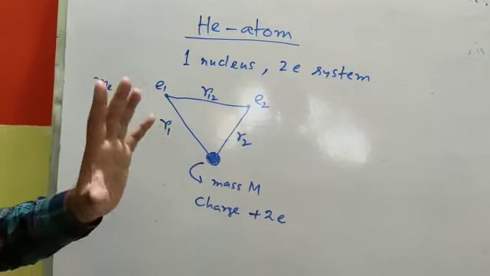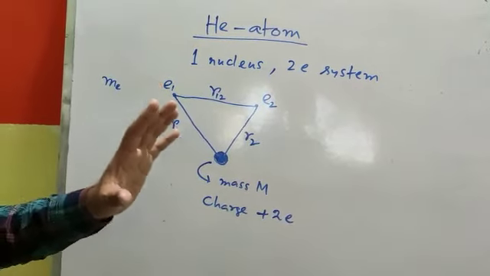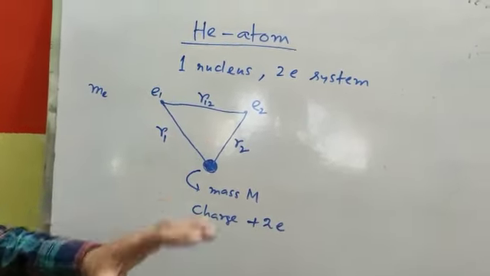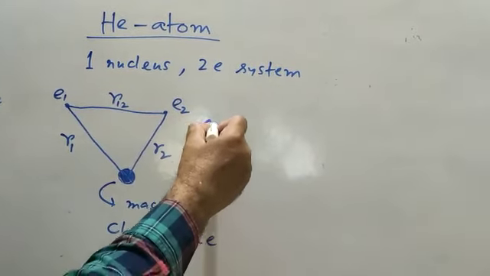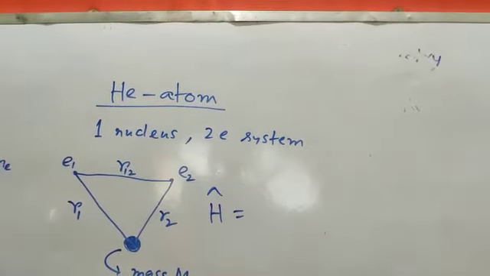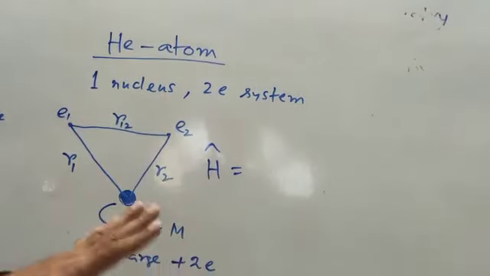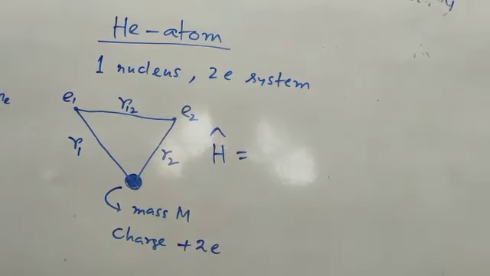So how can one write the total Hamiltonian of this system? So let's try. The total Hamiltonian of the system, first of all we have to write the kinetic energy part, and then we write the potential energy part.